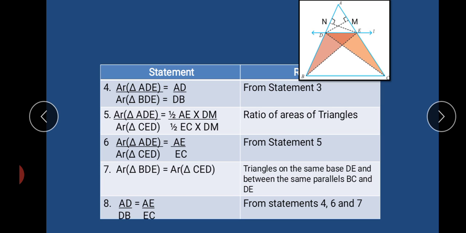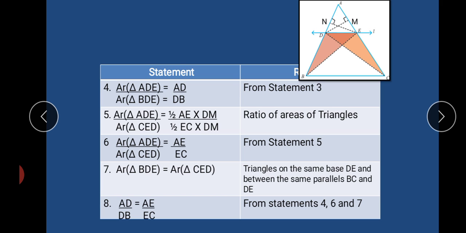Now look at statement 4 and statement 6. What we want to prove is AD upon DB is equal to AE upon EC. That is, we have to prove the right hand side of statement 4 is equal to the right hand side of statement 6.